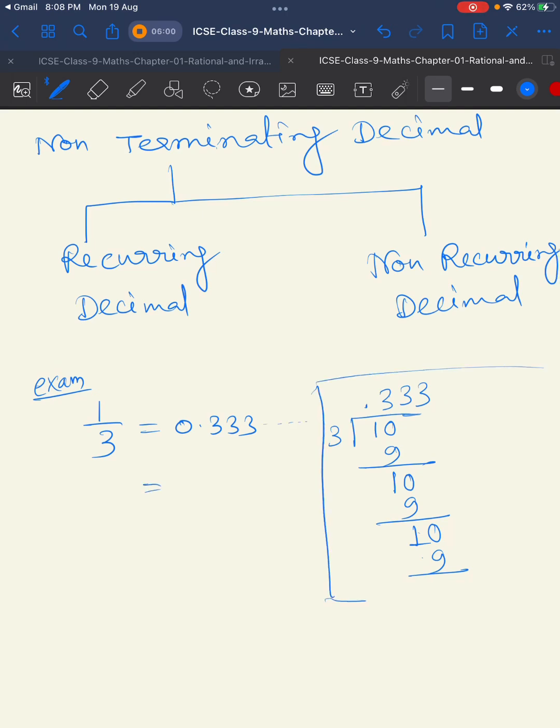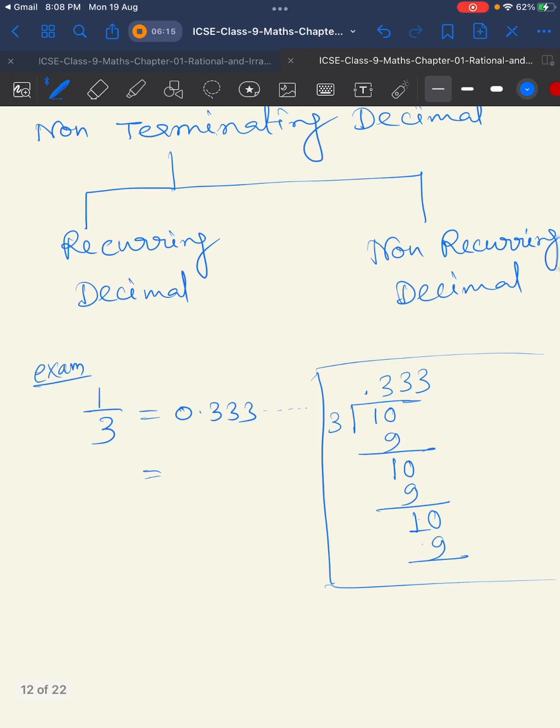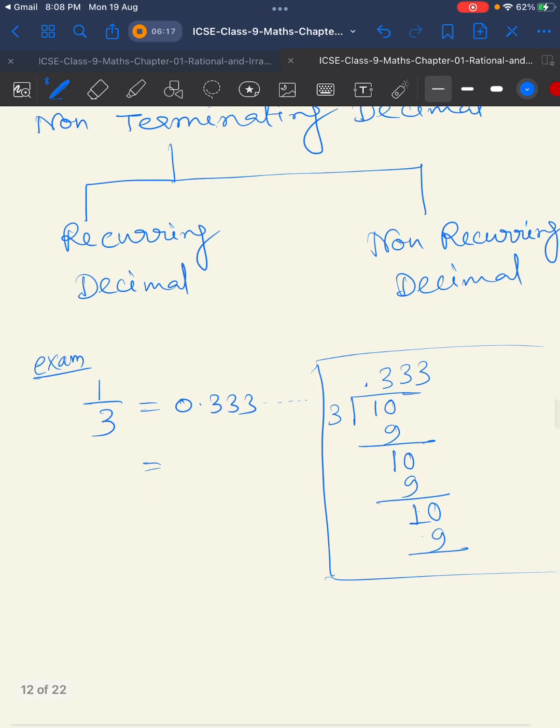So here you see the recurring decimal: one digit or a set of digits is repeated. This is called recurring decimal.